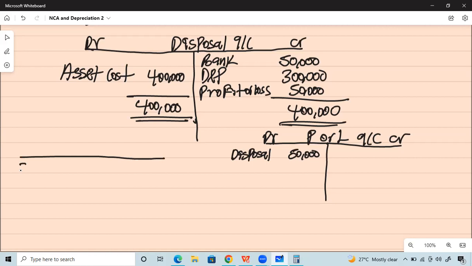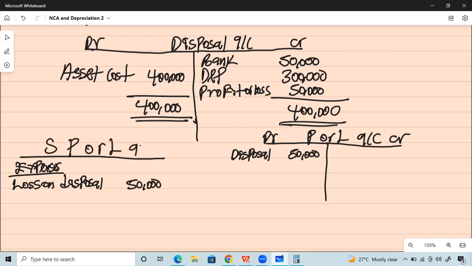So you just say expenses, loss on disposal, 50,000 naira. This is the statement of profit or loss account. So these are the two situations, when there's a profit or there's a loss.